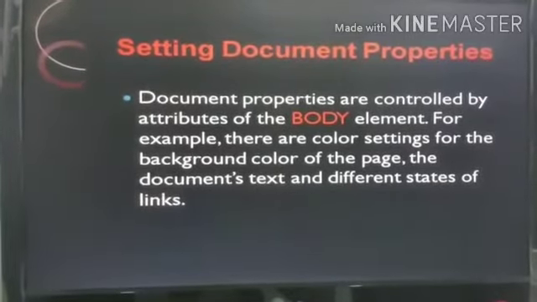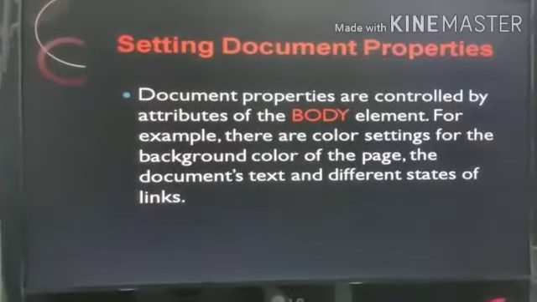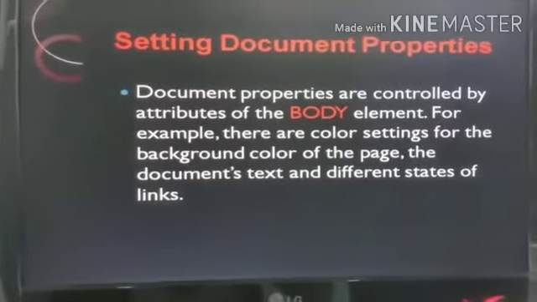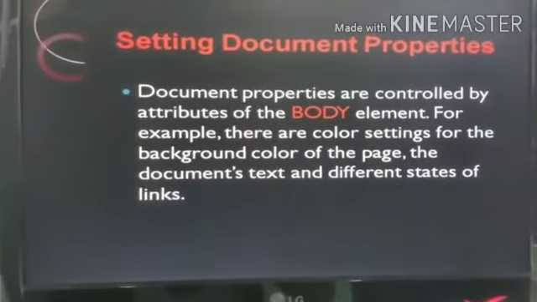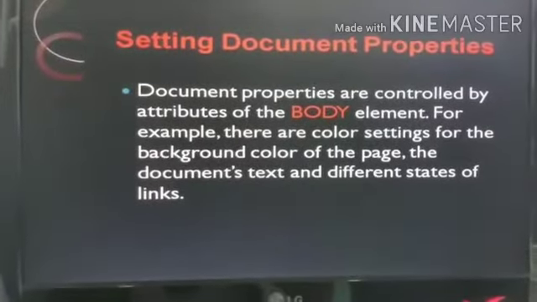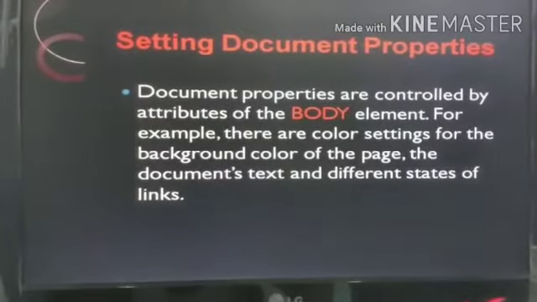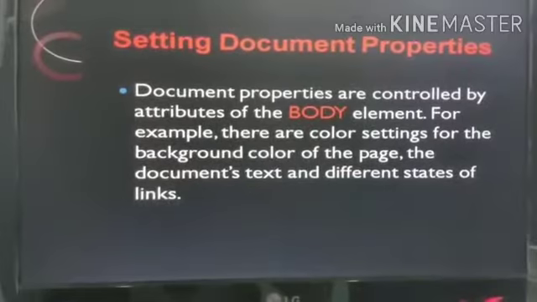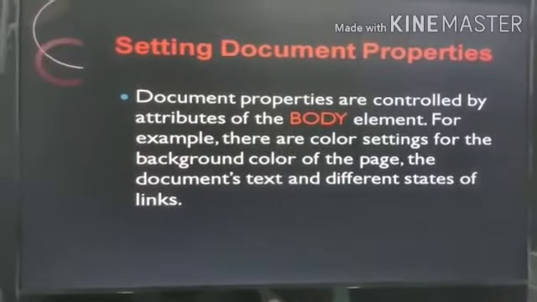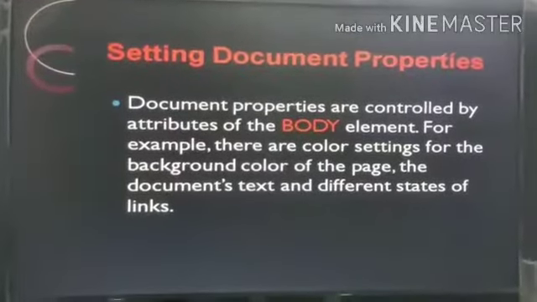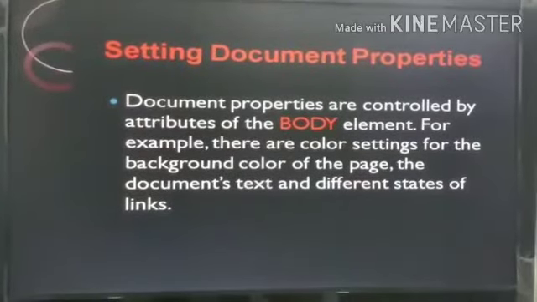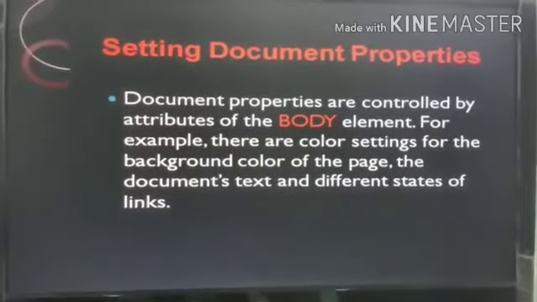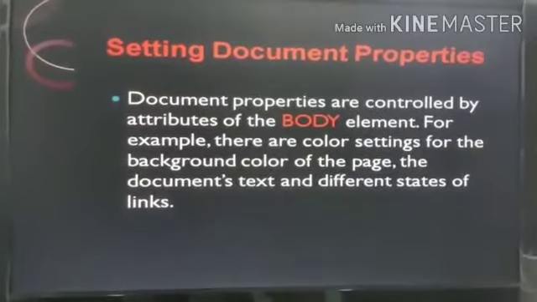It displays information in your web browser, and these tags or attributes are declared under the body tag. So for example, if you want to change the background color, or you want to insert any image as a background, each and everything you have to write inside the body tag.